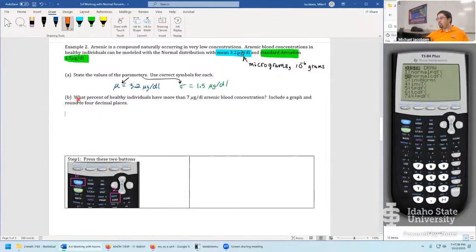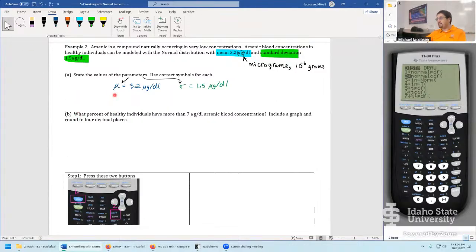It turns out for us, when this problem says what percent, that's the dead giveaway right there. That tells us to use option 2, normal CDF. So use 2 normal CDF, and that's the right option to use.